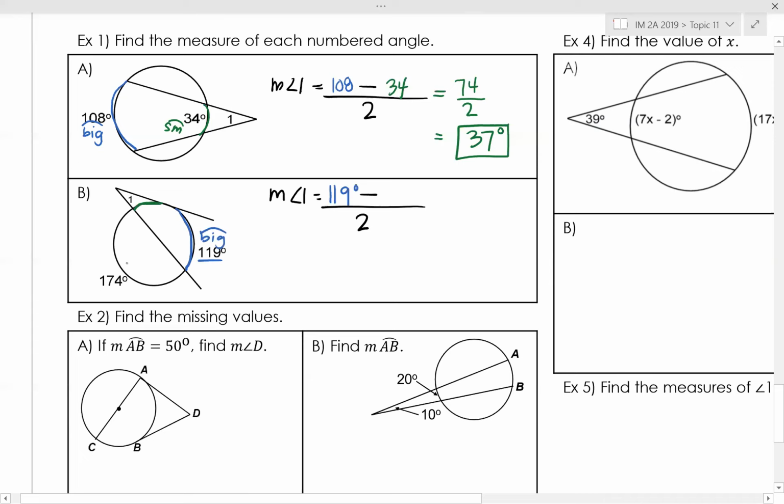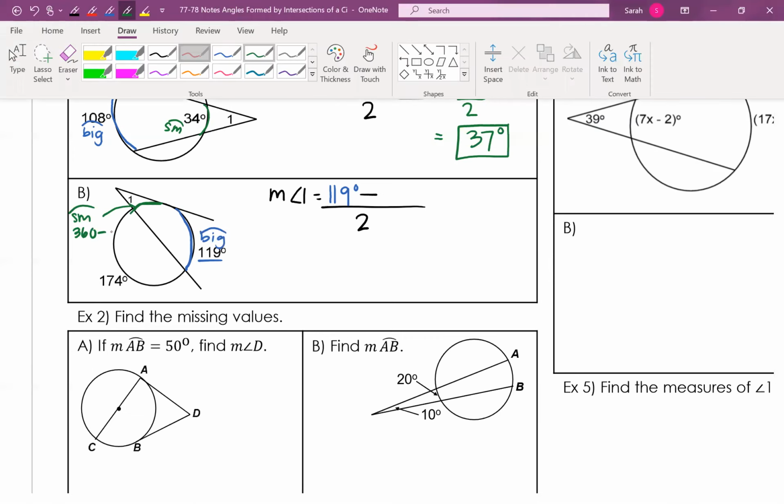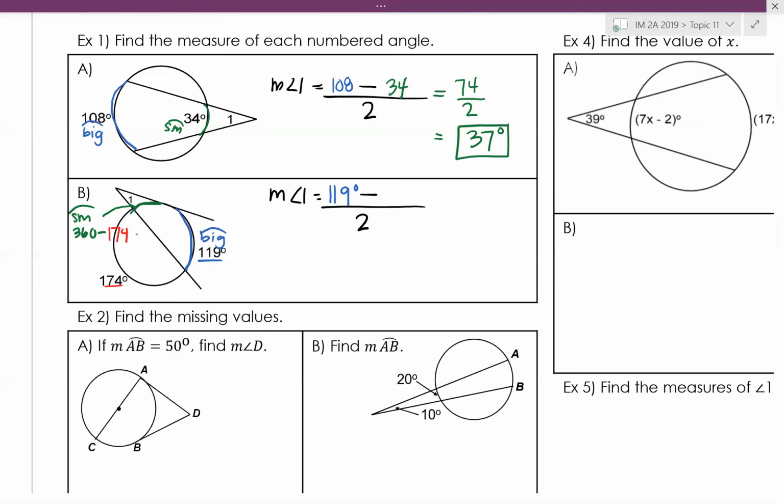We do, however, know what the rest of the circle's arc measures. So in order to find the small arc, we're going to have to do 360, because a full circle, minus the 174 and minus the 119.